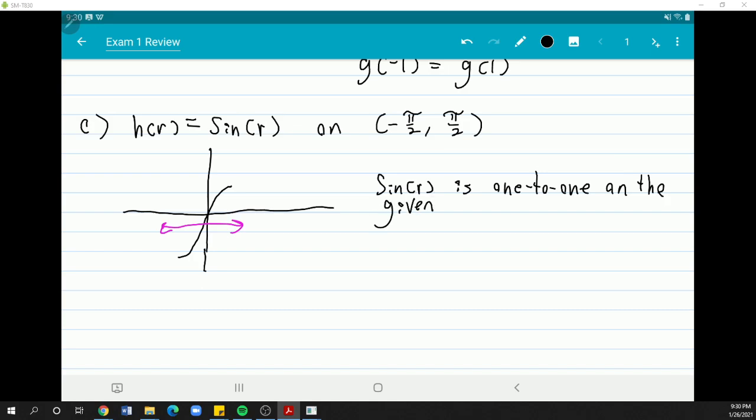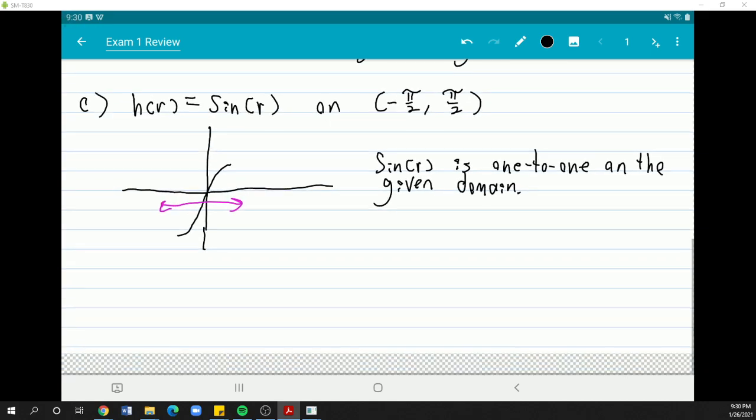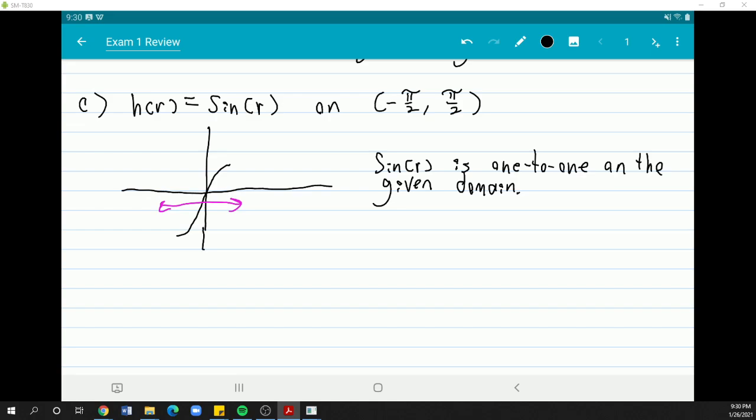This is where the idea of restricting the domain is super important. Because if I just gave you the sine function on the reals, then that wouldn't be 1 to 1. But because I've restricted it enough, I can say so. And this is, remember, how we were able to define sine inverse: by putting sine on this interval.